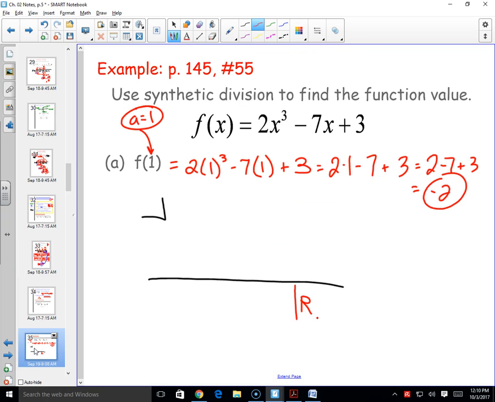So we're plugging in 1, a equals 1. The coefficients come straight out of the polynomial: 2 and then 0, then negative 7, then 3. And that's what these are. Okay, you guys get the shortcut? Who comes down? Multiply. Add. Multiply. Add. Multiply.